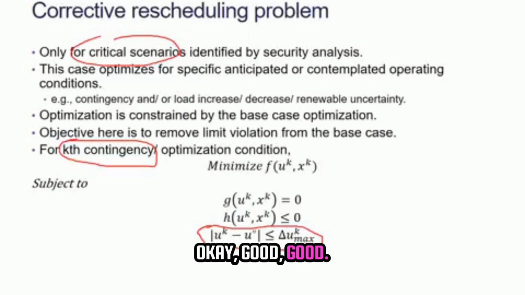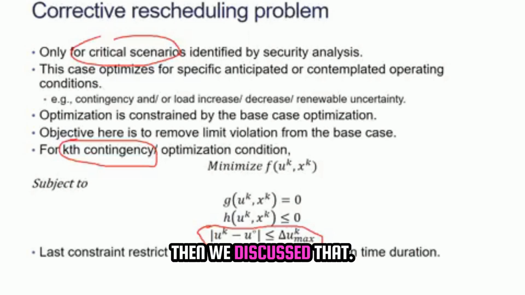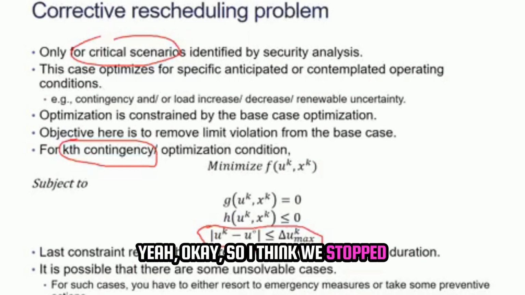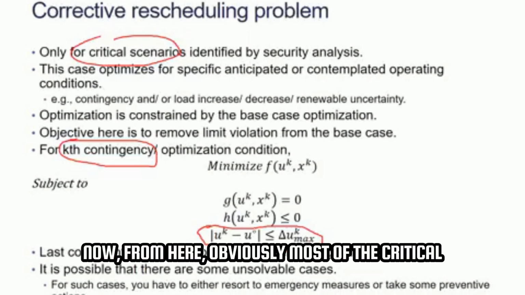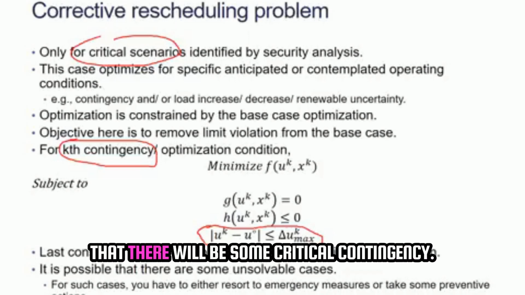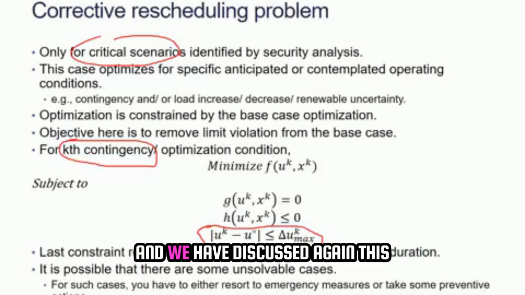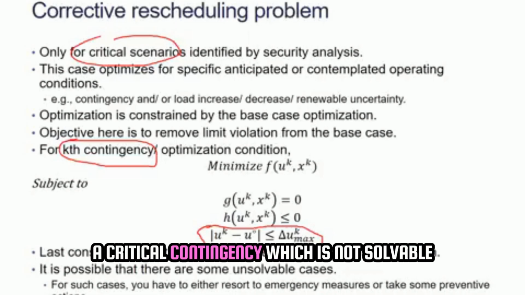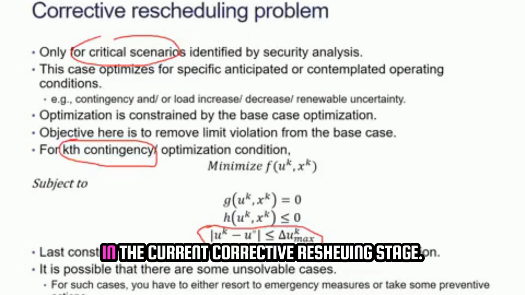Okay, good. Then we discussed that, okay, I think we stopped here and we did not discuss this. Now from here, most of the critical contingencies will be handled, but assume there will be some critical contingency, as discussed in the previous lecture, that is not solvable in the current corrective rescheduling stage.